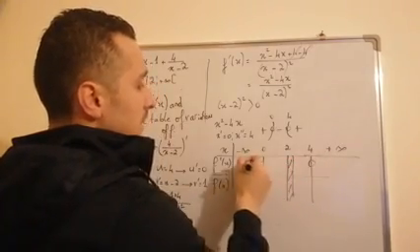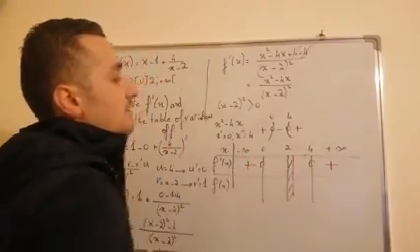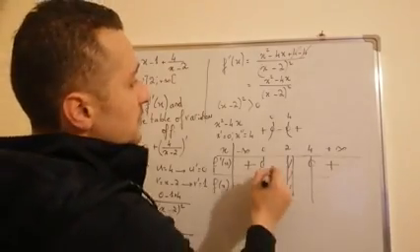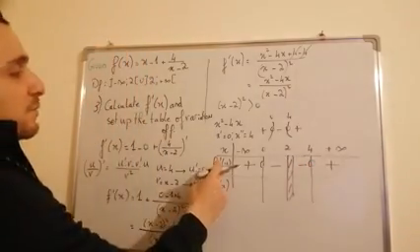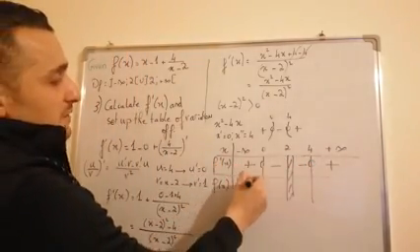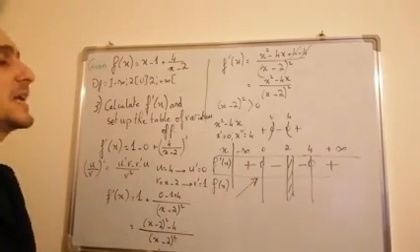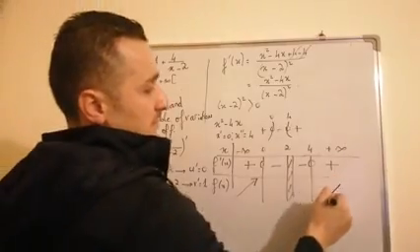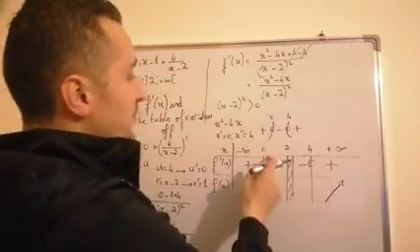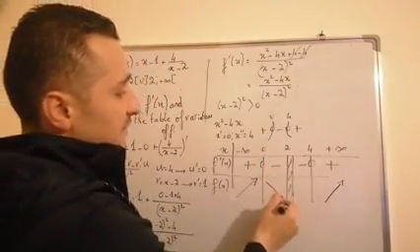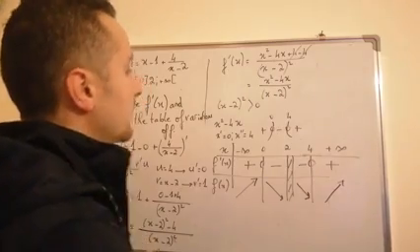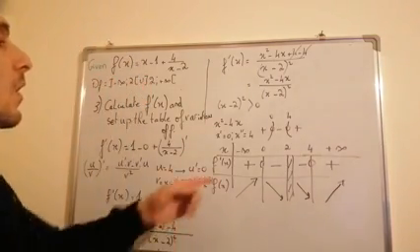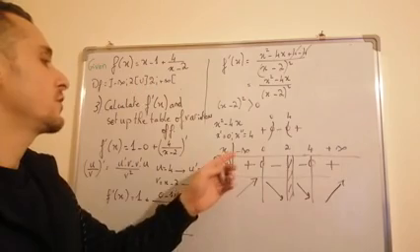Before 0 and after 4 the derivative is positive. Between 0 and 4 the derivative is negative. When f prime of x is positive, the function is increasing. When f prime of x is negative, the function is decreasing. Okay? We can copy all the information.